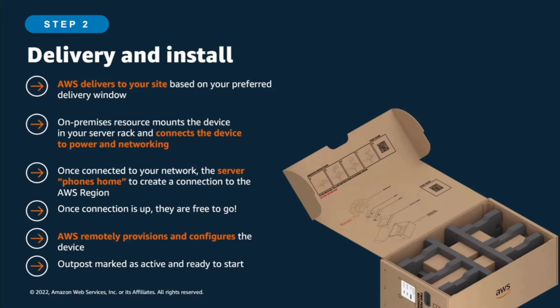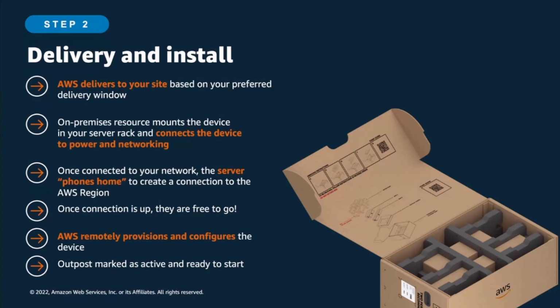And then some happy day, this brand new shiny box shows up for install, and when that arrives, your on-prem resource, whoever that is, is just going to need to unbox and do pretty basic rack and stack type of setup that most people are pretty familiar with, and a pretty straightforward configuration for networking and for the account that this is accessed through.